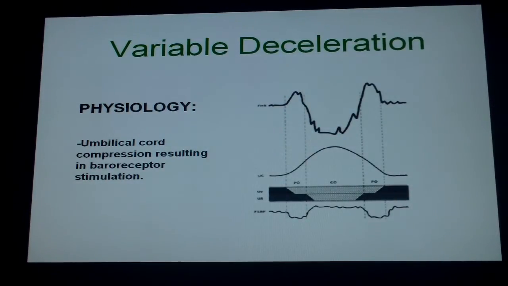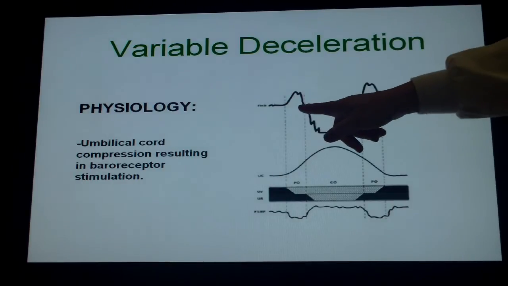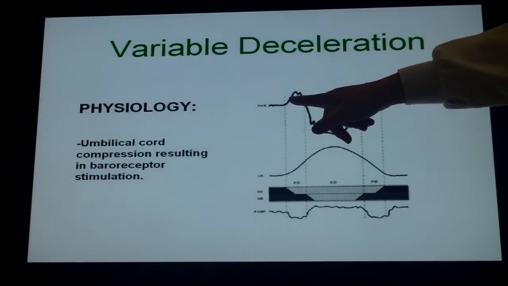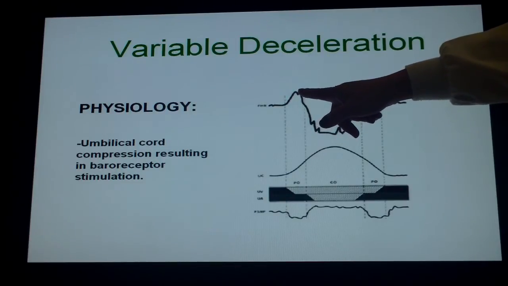When you have a variable deceleration, that is umbilical cord compression. So what happens here is as the baby's cord is compressed and those veins and eventually arteries are occluded, babies are smart. They start to increase their heart rate a little bit to make up for that decrease in blood that's getting to them.